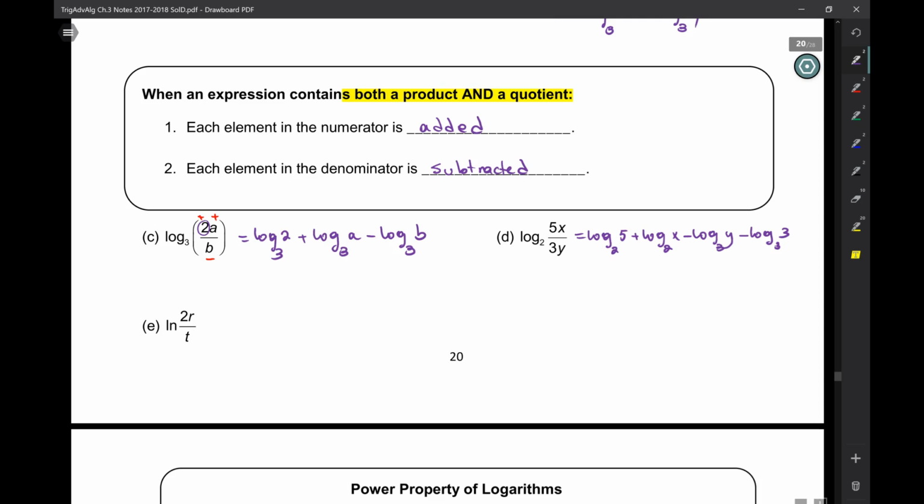Now, a couple of things we need to do then. Take a look at this. Is there anything that we could simplify further? In D, is there anything we could simplify further? Log 2, 5? Can't do much about that. Log 3, 3. Oh, no, wait. That's my mistake. Sorry. I jumped ahead of myself. All right, so we're good.